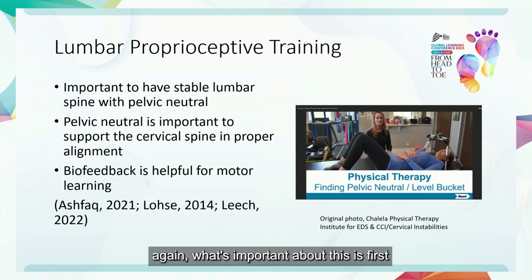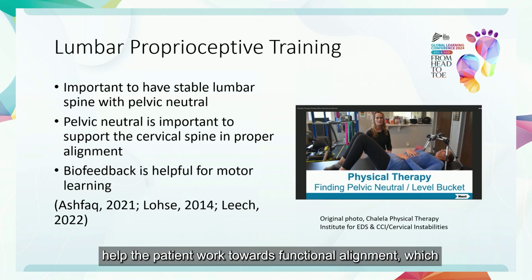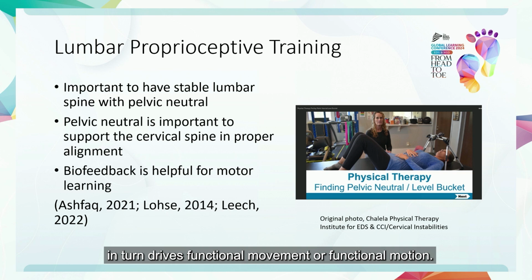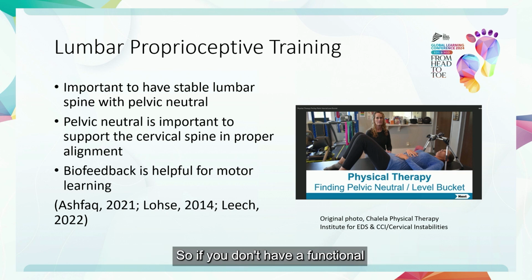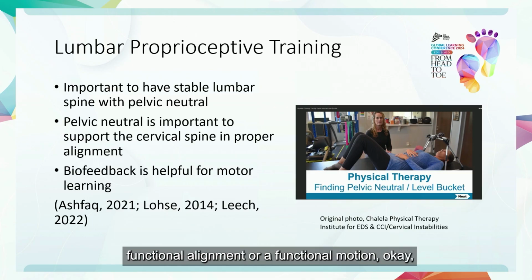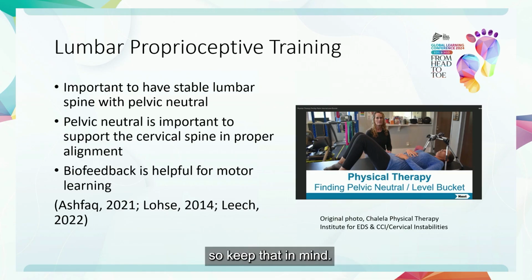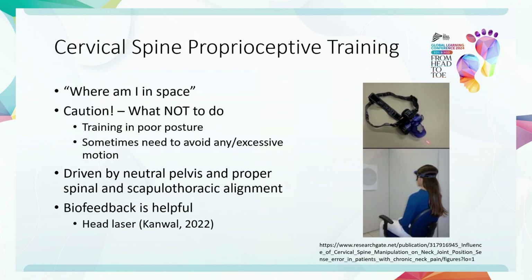What's important about this is first you have to have a functional foundation. Once you get that functional foundation, you can help the patient work towards functional alignment, which in turn drives functional movement or functional motion. So if you don't have a functional foundation, you are never going to get functional alignment or functional motion, okay? So keep that in mind.